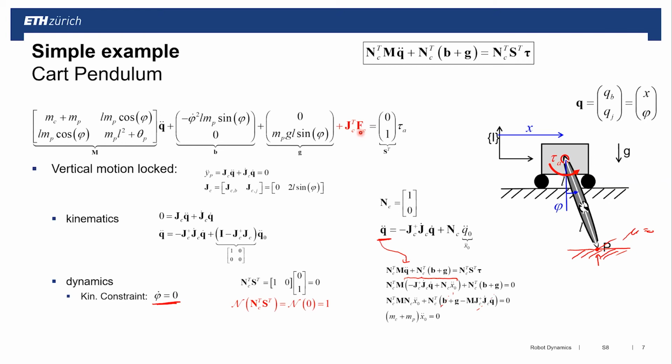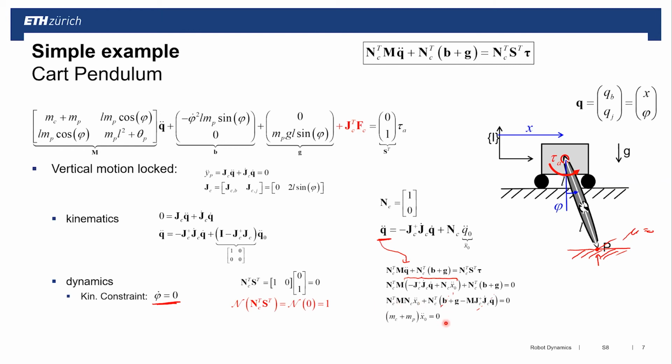Now, this was a very nice, simple example that allows us to do all of that analytically. And we ended up with an analytical description of the dynamics equations of motion in the subspace where the system can move. And we can also do this for determining the force. But this is not generally possible, but it shows you what is happening. We are taking a higher dimensional equation of motion, which is subject to external forces and actuation.